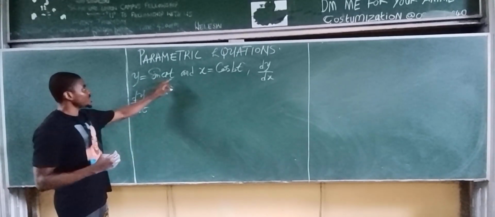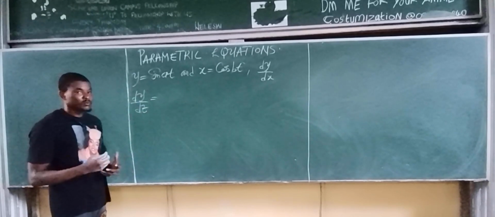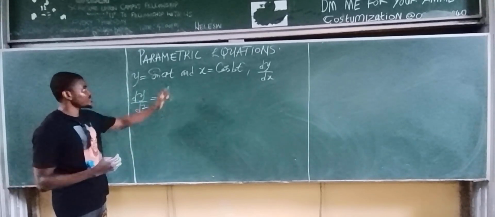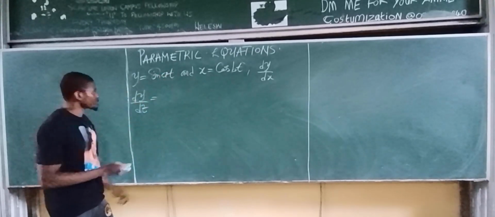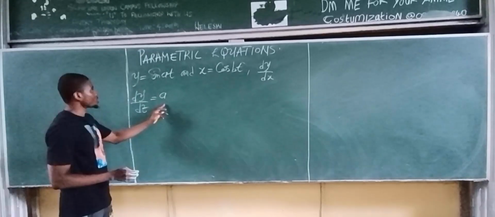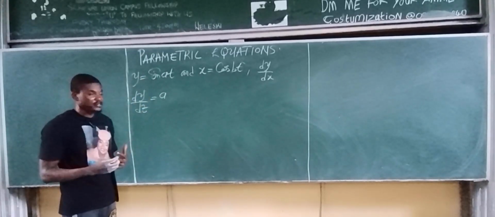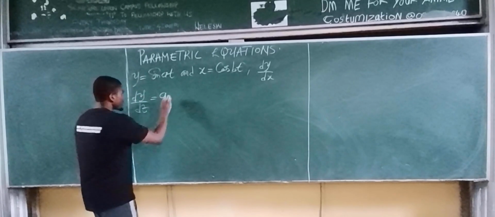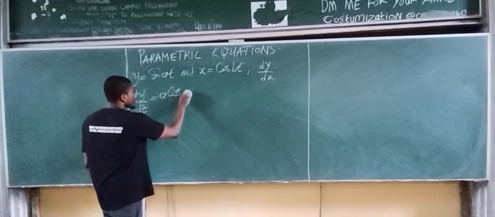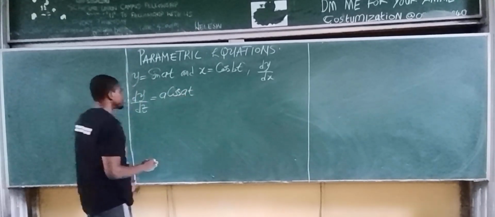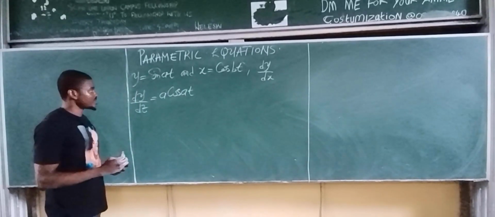So if I differentiate at with respect to t, I will simply have a, since t is just to the power of 1 here. So use a to multiply by the derivative of sine, which is cos. So this gives me a cos(at). This gives me the value of dy/dt.